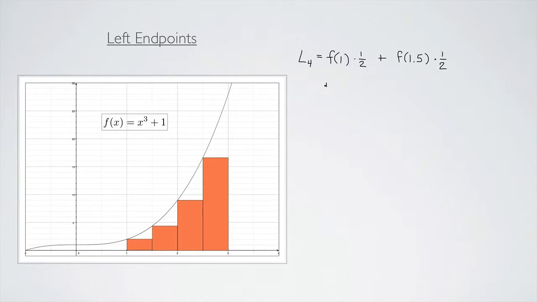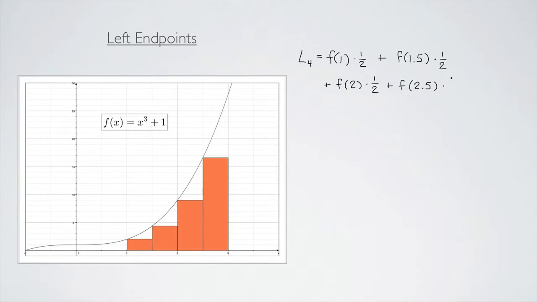And then the third rectangle, the height is the value of the function at 2, and again we have a base of a half. And finally the last rectangle, the height is the value of the function at 2.5, and again the base is a half.